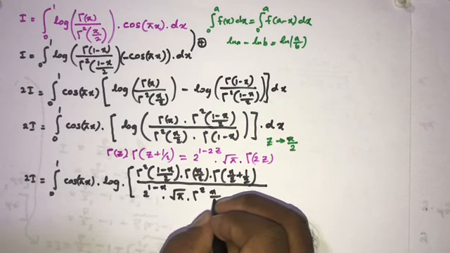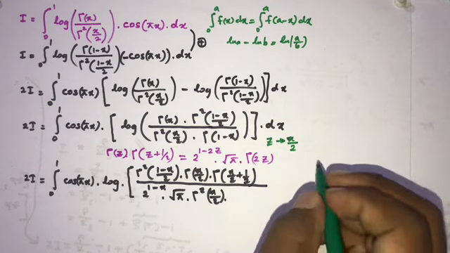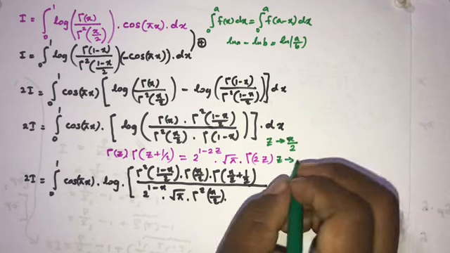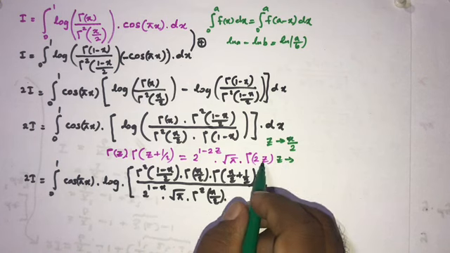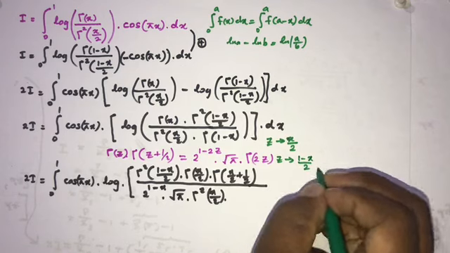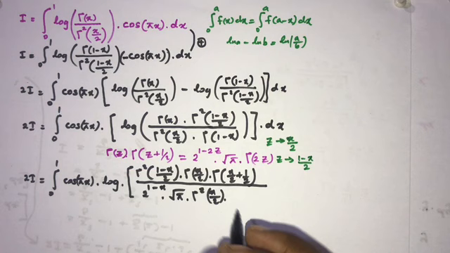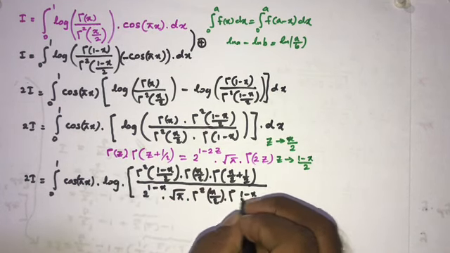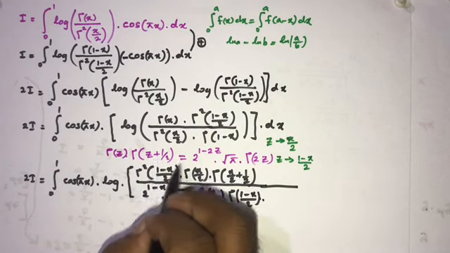Now instead of gamma of 1 minus x, we can plug in 1 minus x over 2 instead of c. So we can write gamma of c, so gamma of 1 minus x over 2, times now c plus 1 half.